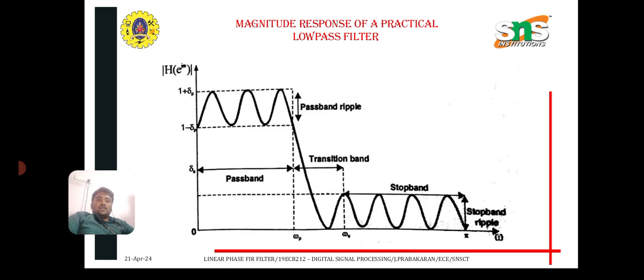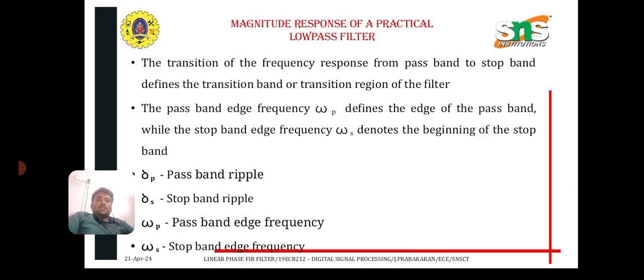This is the magnitude response of a practical low pass filter. The transition of the frequency response from passband to stop band defines the transition band or transition region. The passband frequency omega p defines the edge of the passband, while the stop band frequency omega s denotes the beginning of the stop band.